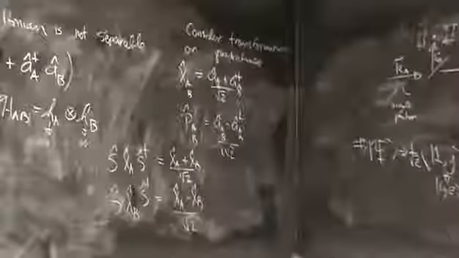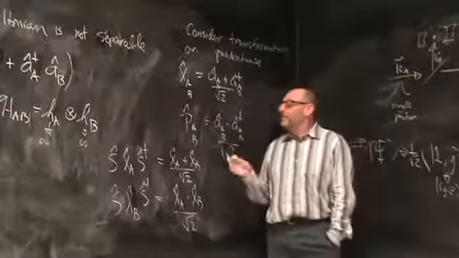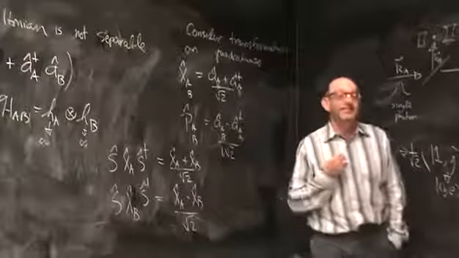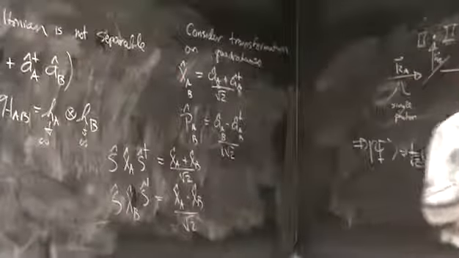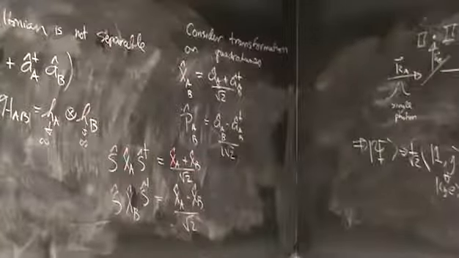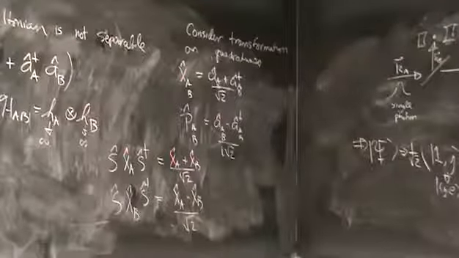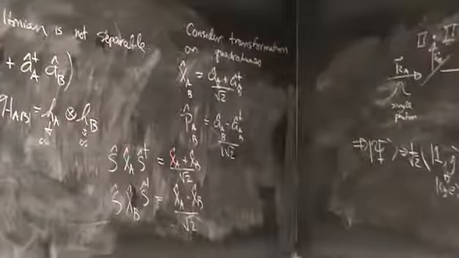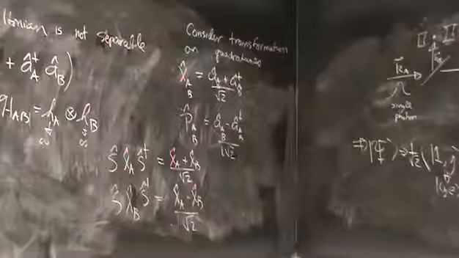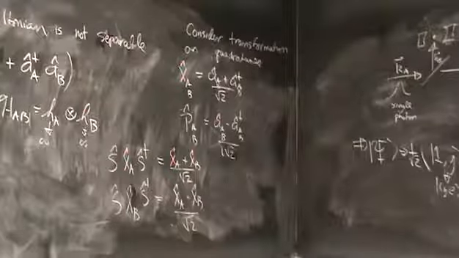Indeed, we talked about the transformation of coordinates on a particle. If I have an electron and a proton in a hydrogen atom, they're entangled in electron and proton coordinates, but they're separable in the center of mass and relative coordinate.